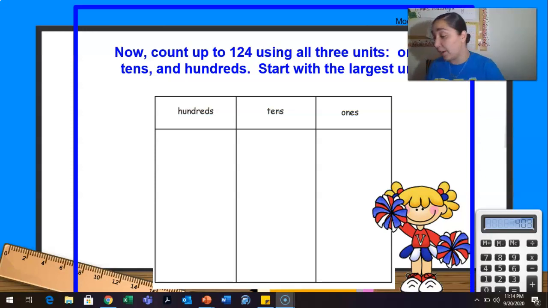You don't need the place value chart. I just want you to look because we're going to be using the one that we have on the screen, but I want you to look at the one that you have in your book. So if you need a place value chart, you can reference that.